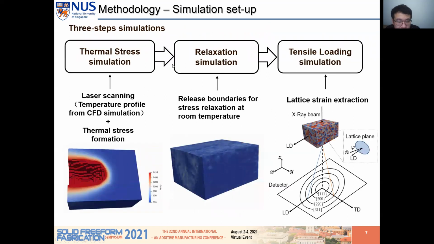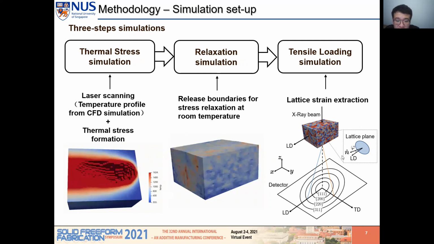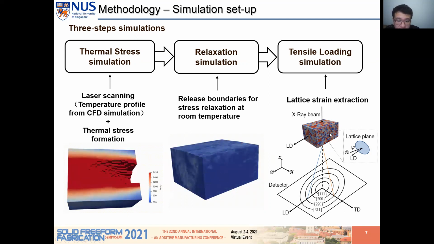We use three-step simulations to get the final residual stress in the simulation domain. First is to impose the temperature field from the CFD simulation and get the thermal stress. We only release the top surface here and block the others. Second step is relaxation, which favors the self-stress balance at room temperature. At last, we perform tensile loading along the laser scanning direction and extract the lattice strain for analysis.